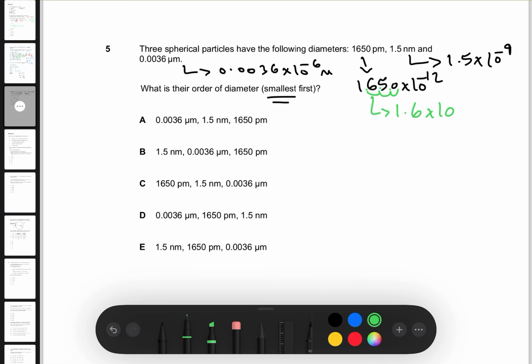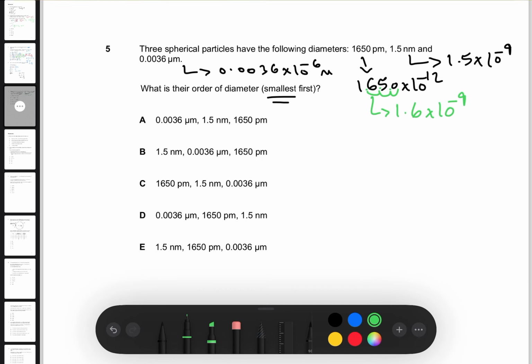Negative 12 plus 3 gives negative 11, negative 10, negative 9. So that's 1.6 nanometers, which is slightly bigger than this one.